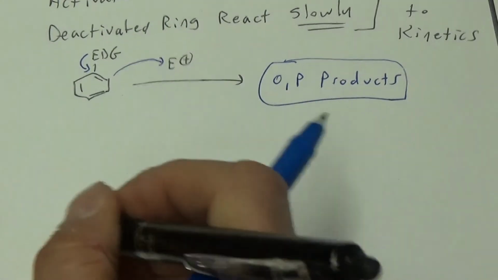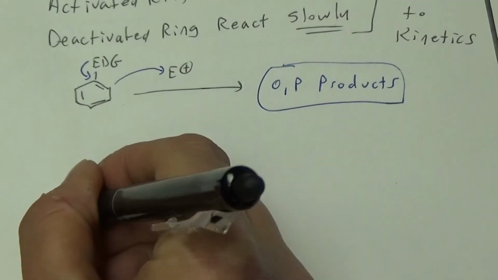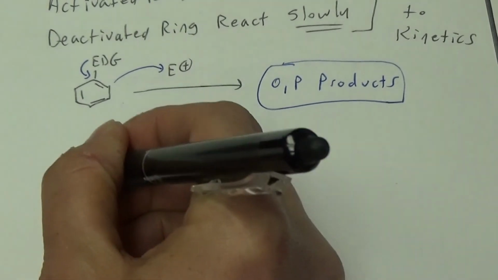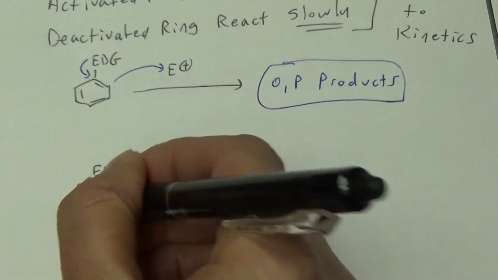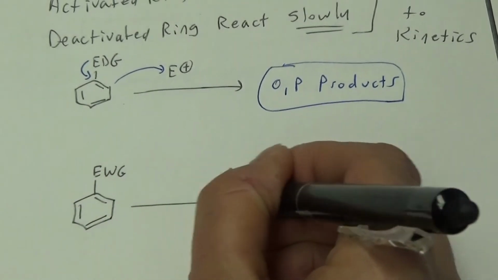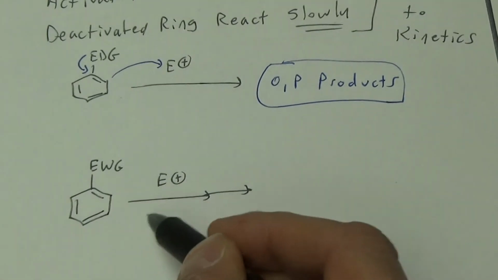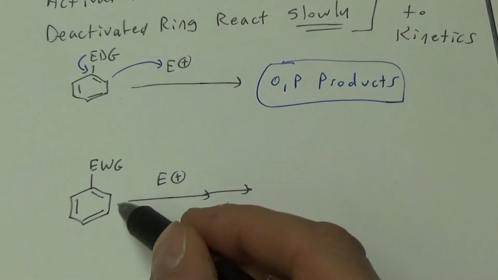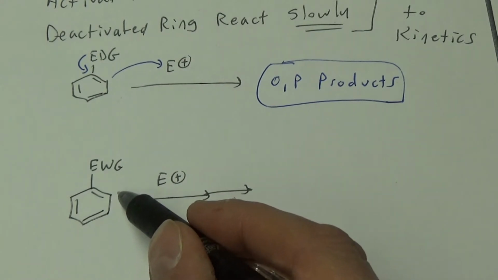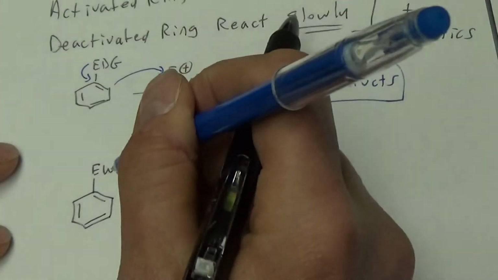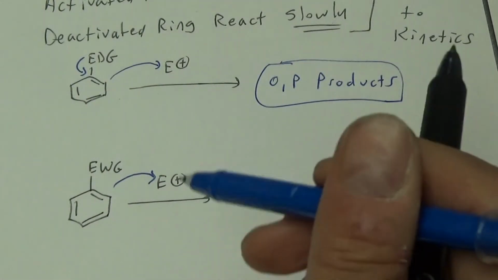Now let's talk about electron withdrawing groups, and then we'll come back to electron donating. Electron withdrawing groups do basically the same thing, right? You have an electron withdrawing group and a benzene, and the benzene's acting as a nucleophile, attacking the electrophile. What kind of products do you get?